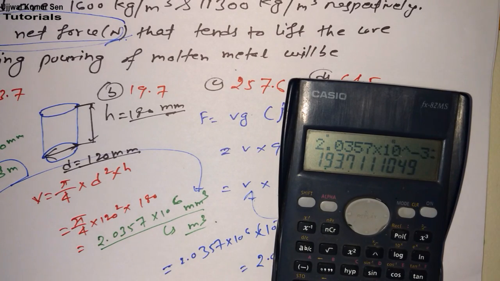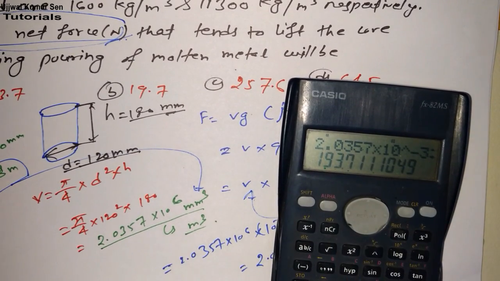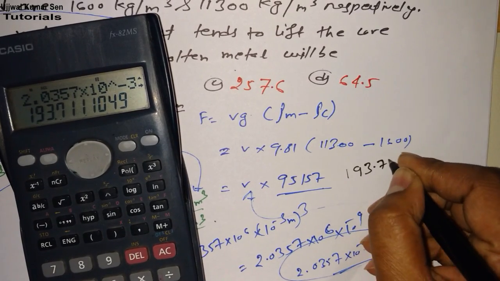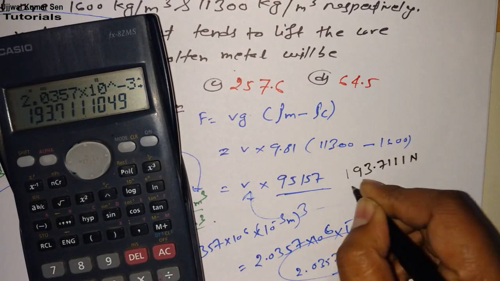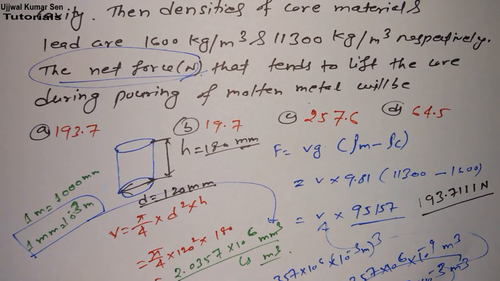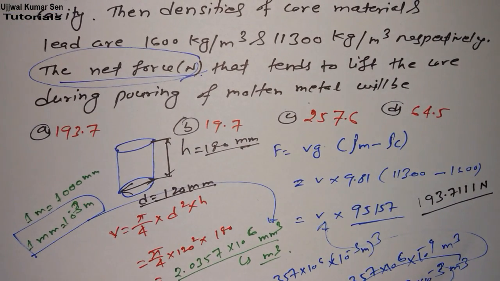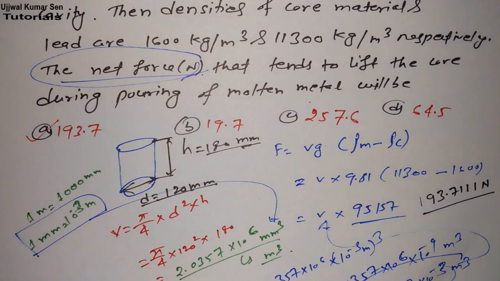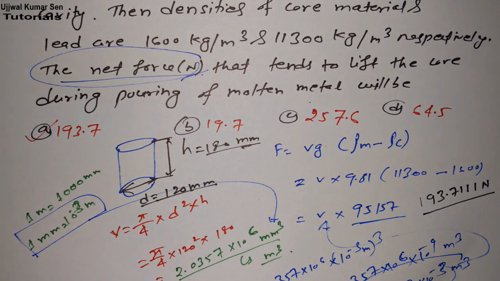What I'm getting here is in Newton, because we converted everything into SI. Therefore the answer we got here is 193.7111 Newton. Can you match the answer with an option? It's A. So A is the right answer.